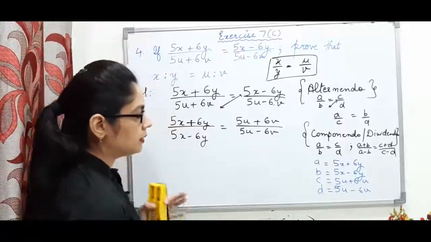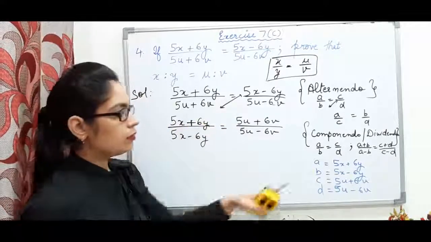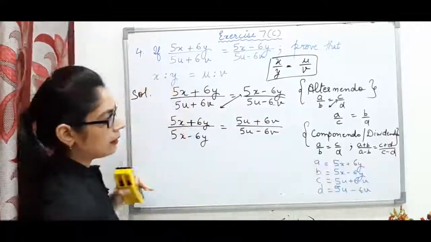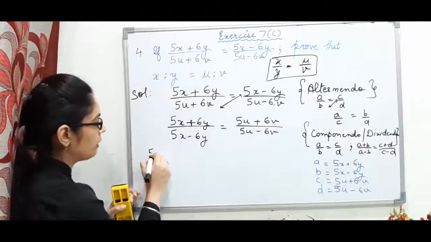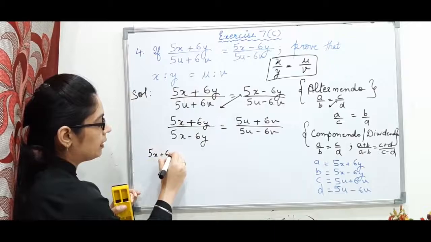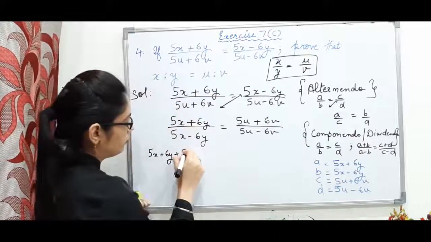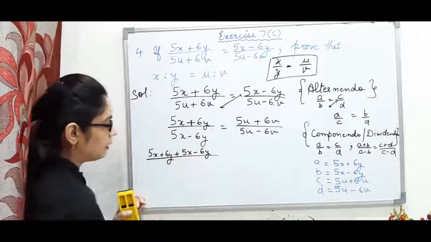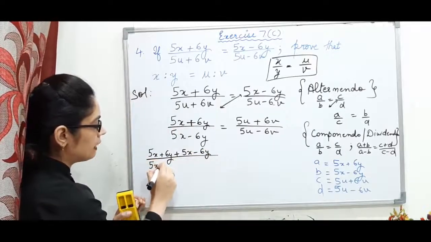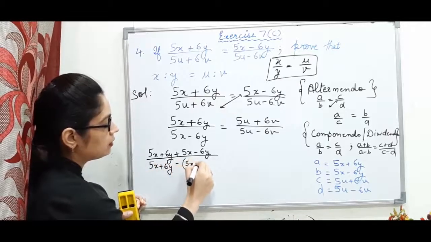Accordingly we will substitute. So a/b = c/d, and we can use this result. This full expression is a, 5x + 6y, and b is 5x - 6y. A plus b I have written; now a minus b: a is 5x + 6y minus b. Why write minus?